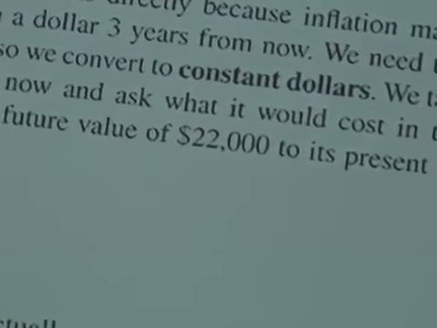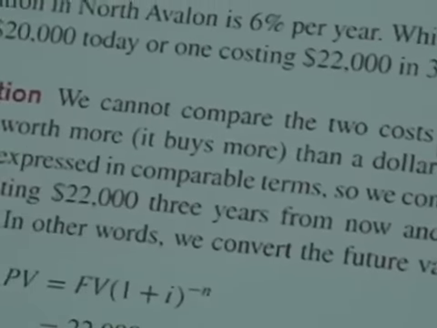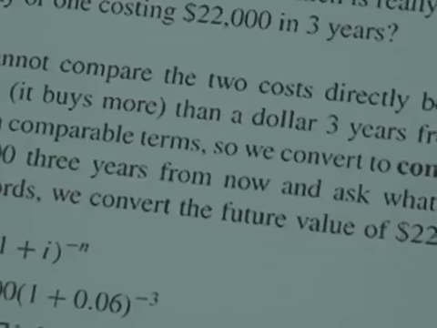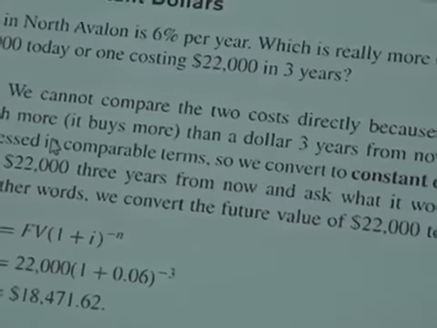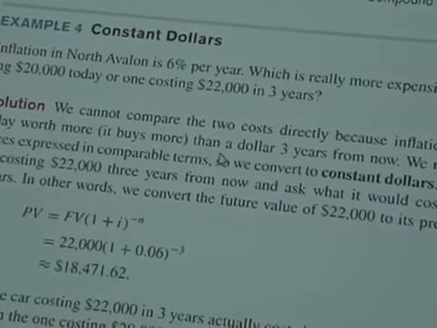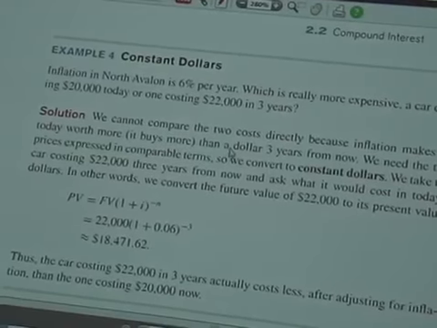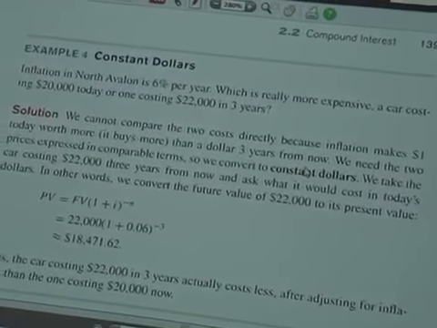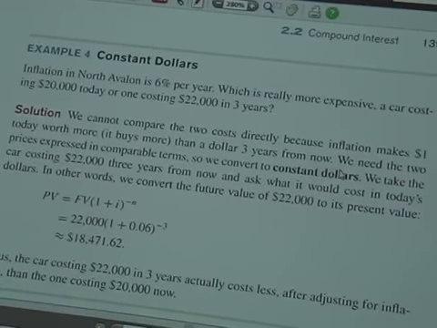We cannot compare the two costs directly because inflation makes $1 today worth more. It buys more than $1 3 years from now, right? We need the two prices expressed in comparable terms. So we convert to so-called constant dollars, which just means dollars at the same time. We push things to the same time, then we can compare them.